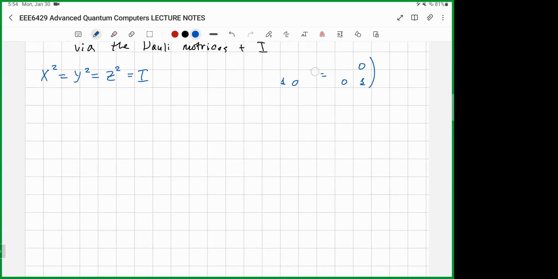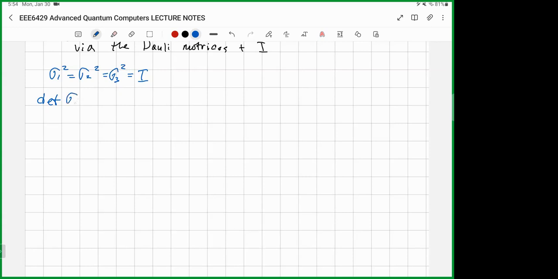Another property is the determinant of these matrices. Let's denote them by sigma 1, sigma 2, and sigma 3.